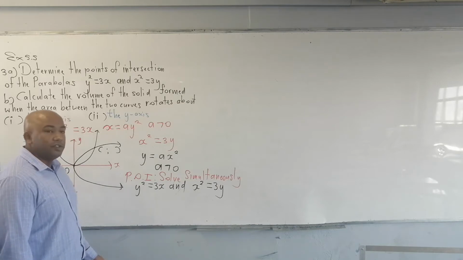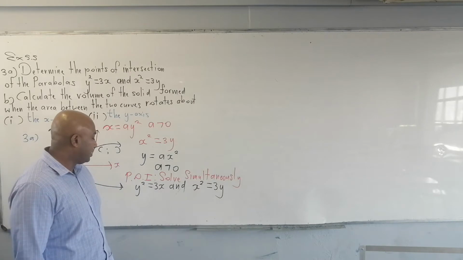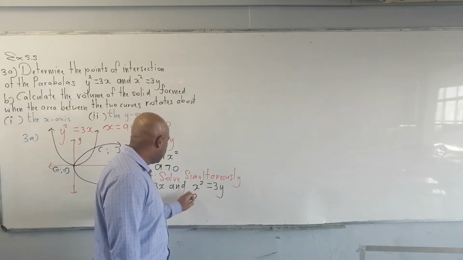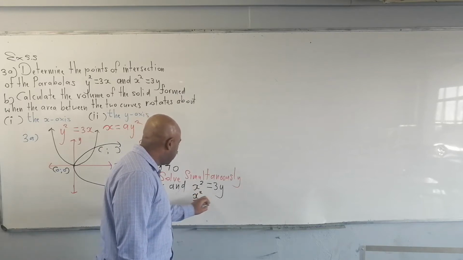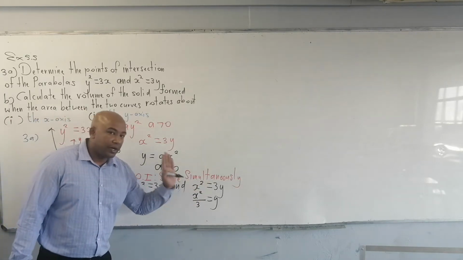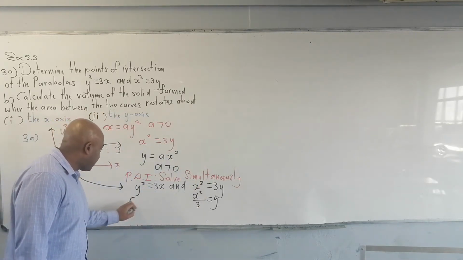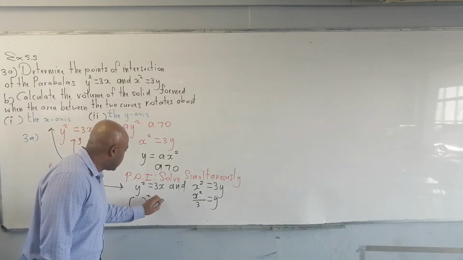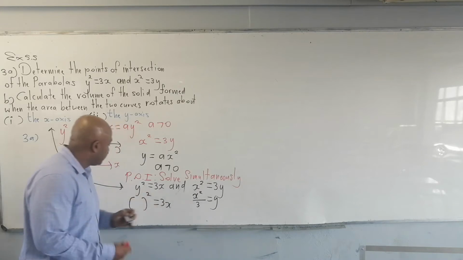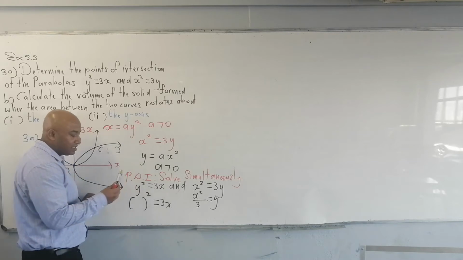Now you either take one equation and substitute into the other. Let me go for y is equal to x squared over 3. So I'm making y the subject of the formula. Y is x squared over 3. So I have y squared is equal to 3x here.